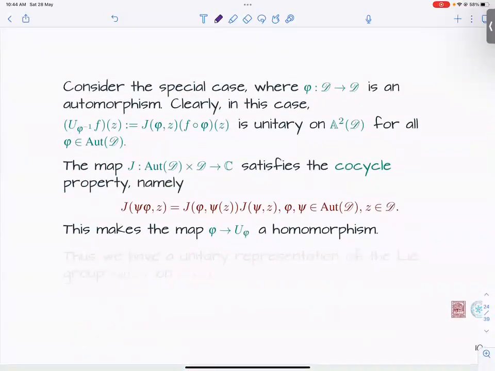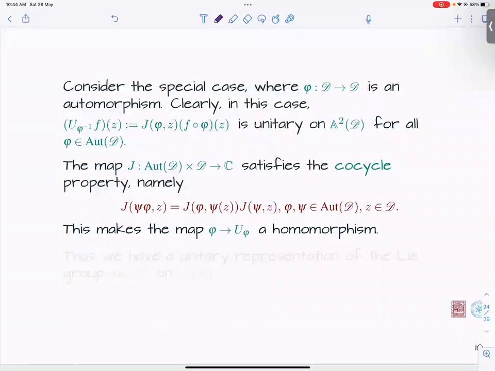Now this J that we have, actually this is not very important for what we are doing. This is just some ancillary digression. This derivative that we have written down has two arguments. One is the phi, the other is where you are evaluating.